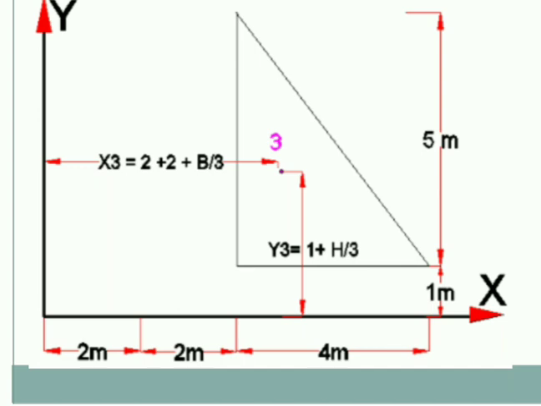But the third triangle, the third element, is not resting on the x-axis. It is 1 meter above the x-axis. Hence, when we find y3, it is h by 3 plus 1, or 1 plus h by 3. h in this case is 5 meters. Hope this is clear.